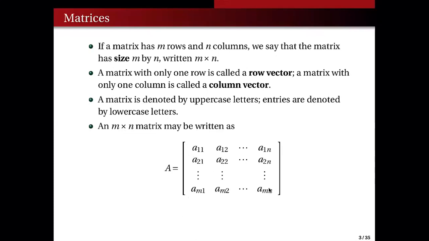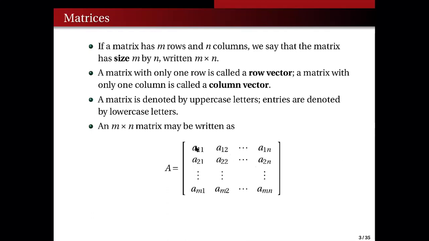The name of the matrix is capital A, and for the entries we use the lowercase letter corresponding to the uppercase, so lowercase a also. But keep in mind, we have written here some subscripts. Remember the augmented matrix? We also had subscripts there.